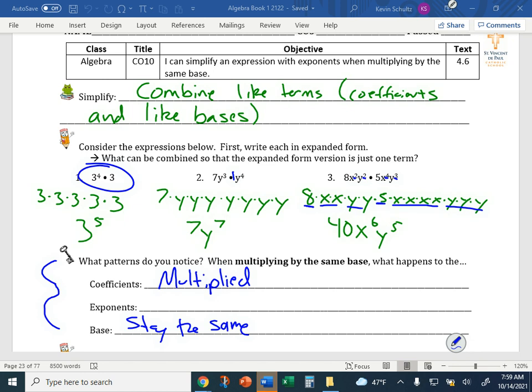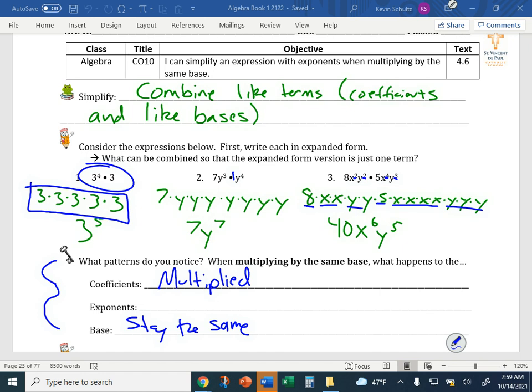My proof for why this stays at 3 is that when we write it out in expanded form, I don't see any 9s anywhere. I see 5 3s all being multiplied together, not 5 9s. That's why we're starting with expanded form, so you can see that I wouldn't multiply those: they're not coefficients, and in expanded form it's clear how many 3s I have. 3 to the 5th.